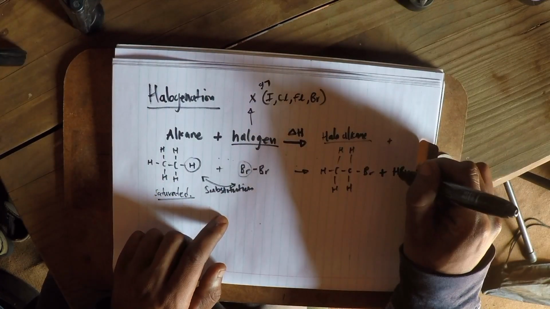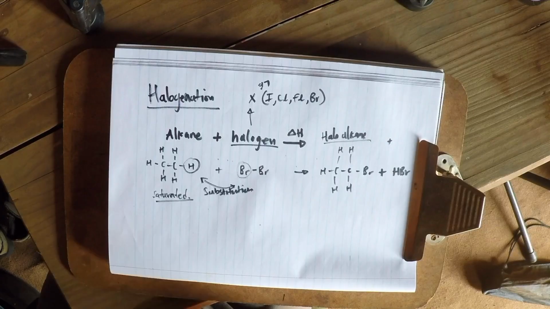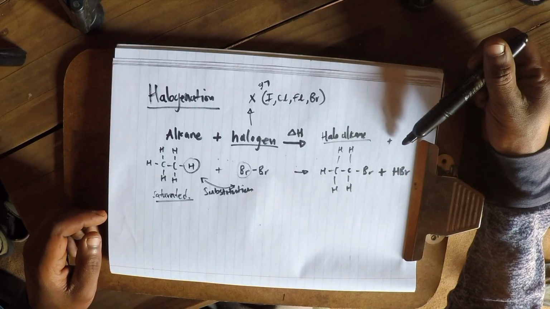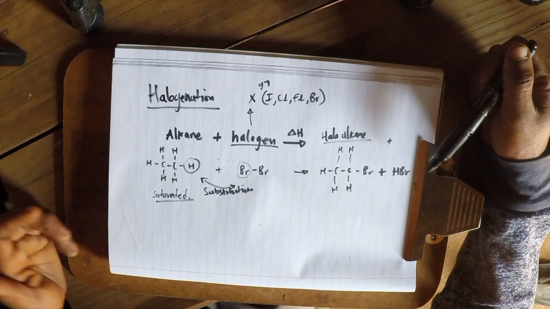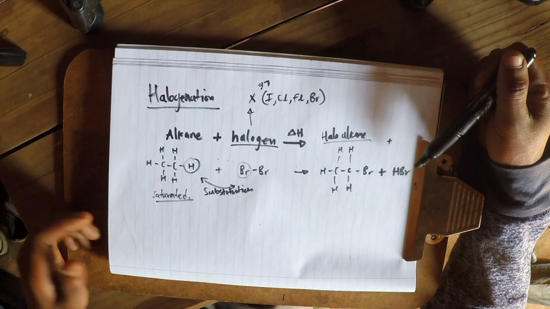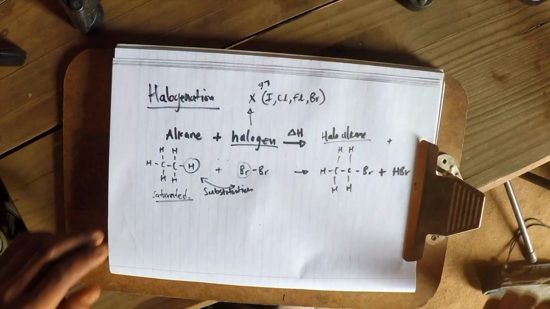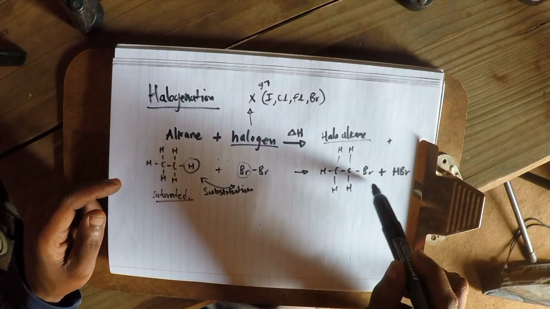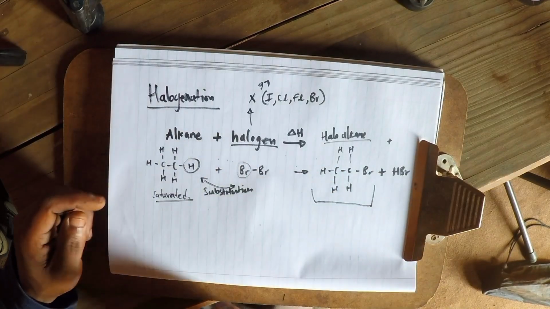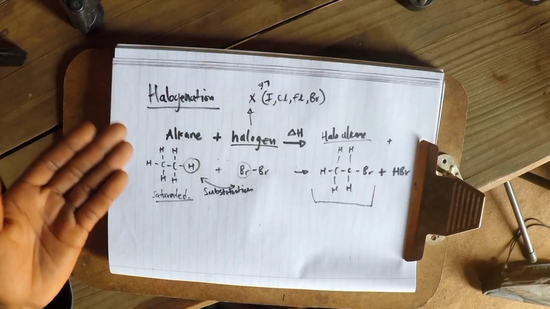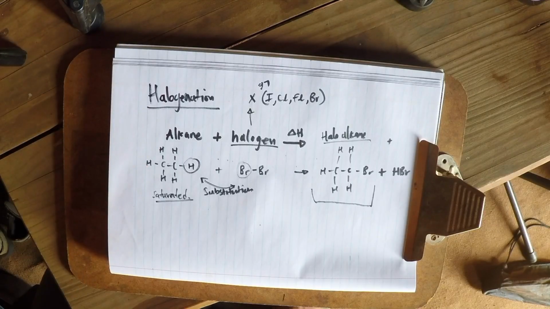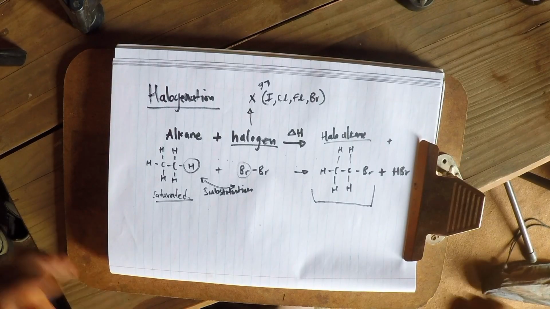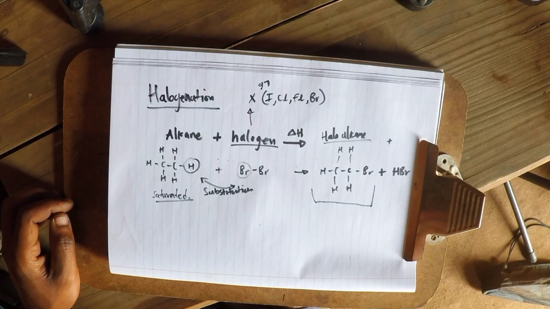I should put a reaction arrow there, but I don't have enough space, so I hope you understand. Now, this is hydrogen bromide, right? So this is your secondary product, but this is your major product. This is what we're focusing on. And this is a process called halogenation, which is a substitution reaction. And it's one example, right?